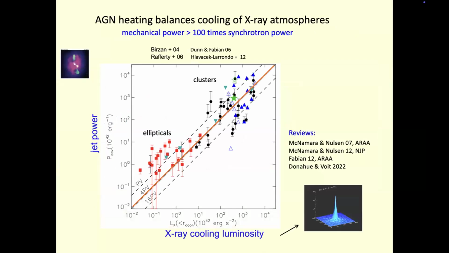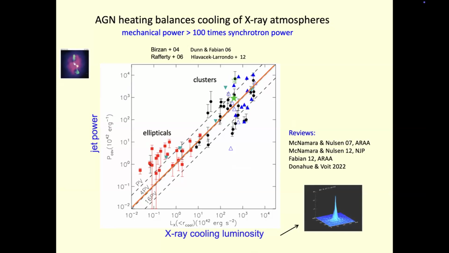Now, this is a plot that's been shown over many years. On the left-hand side, this shows the jet power from radio jets, measured using X-ray cavity enthalpy, which is the PV work plus the internal energy of the X-ray bubbles. There's a little example shown on the upper left.